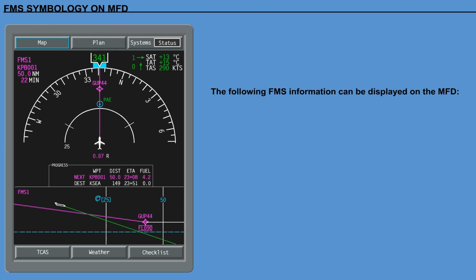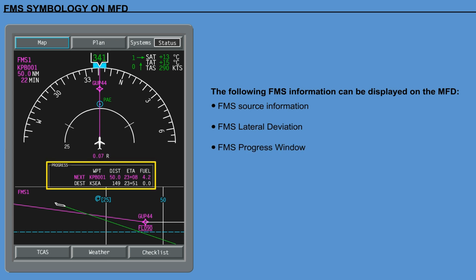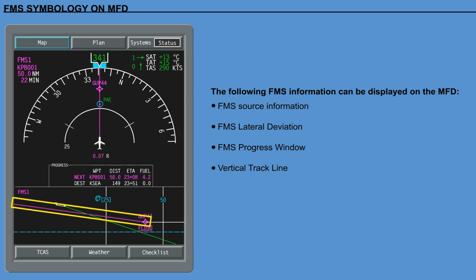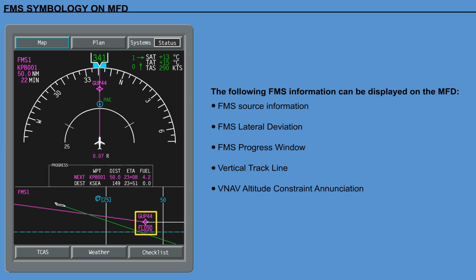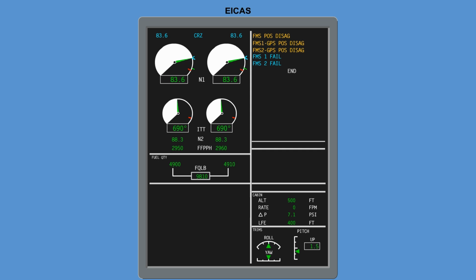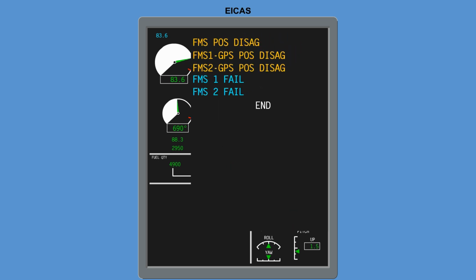The following FMS information can be displayed on the MFD. FMS source information. FMS lateral deviation. FMS progress window. Vertical track line. VNAV altitude constraint annunciation. The following fault messages can be displayed on the IESS.